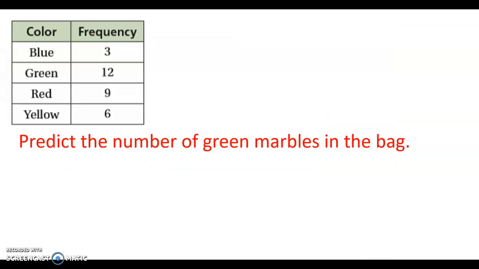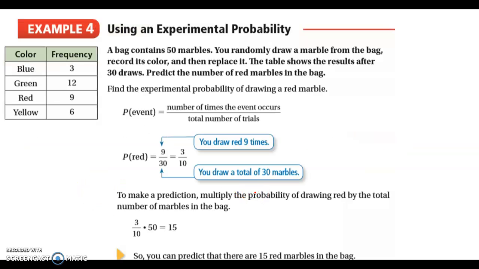Okay. So this one says predict the number of green marbles in the bag. So if we look at how many green there are, we have 12. So we have 12 green out of, and then remember we did the experiment 30 times. And I'm predicting back here the bag has 50 marbles.